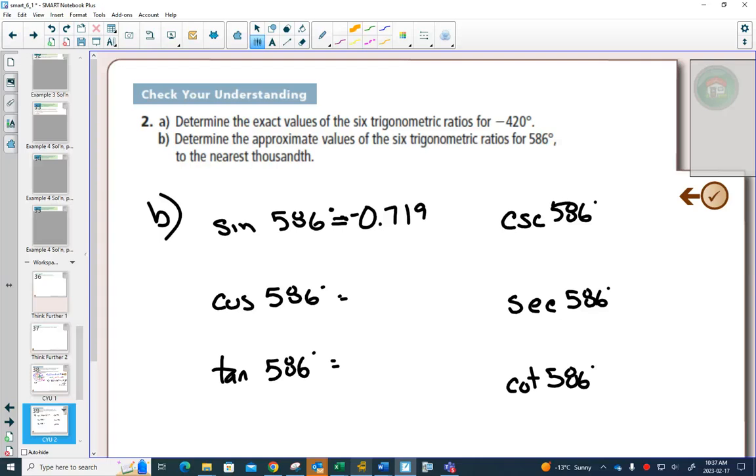So that's the first thing we want to check, make sure our calculators are set in degrees. And then we can figure out the rest of these. We can quickly figure out what cos of 586 is. Negative 0.695. And tan of 586 degrees, 1.035.